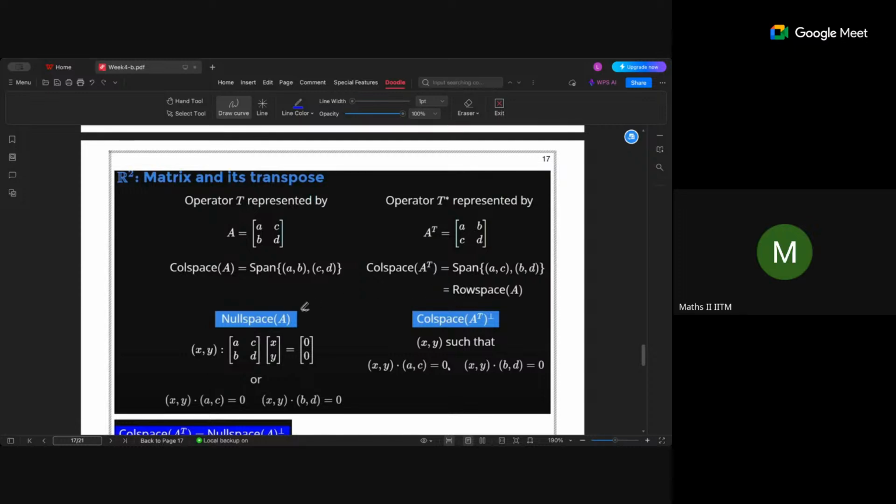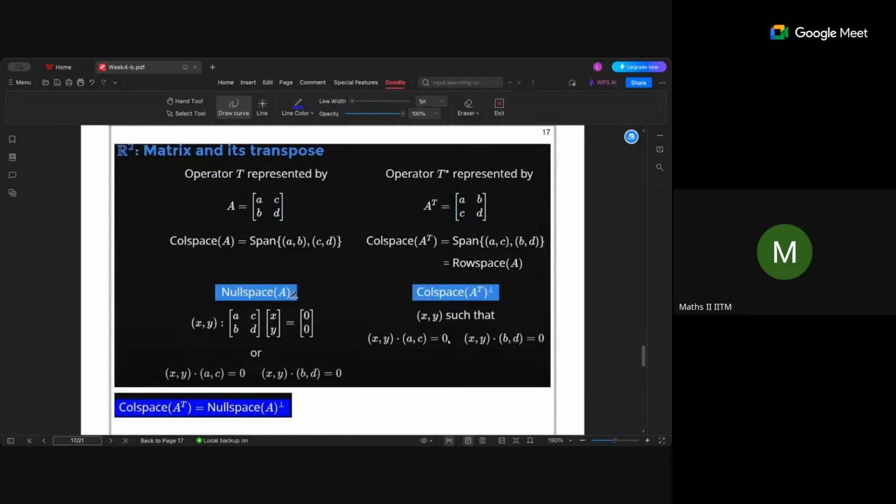Okay, fine. So the next thing is, what is the null space of A? The null space of A is the set of all x comma y such that A times x, y is 0. When you write this in terms of equations, you will get ax plus cy is 0 and bx plus dy is 0.